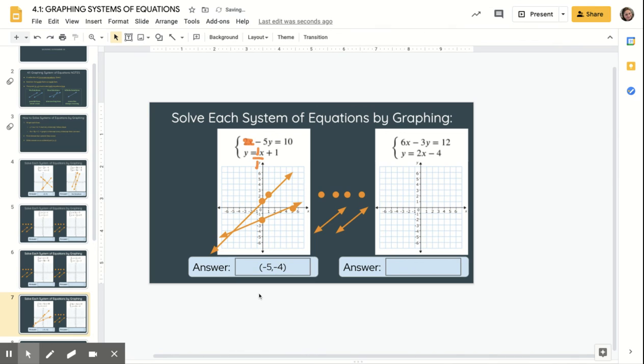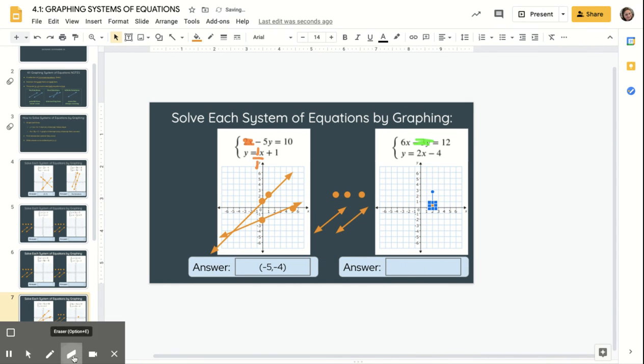And I know this is way more difficult on the computer than it would be if we were in person. You're welcome to draw the graphs on your own if you really want to. And then over here, I'm going to do the same thing. If x and y are on the same side, cross out the y's, find your x. 12 divided by 6 is 2.